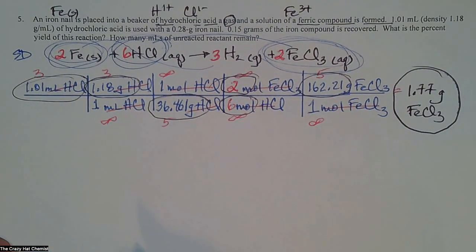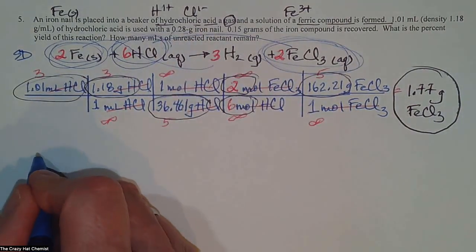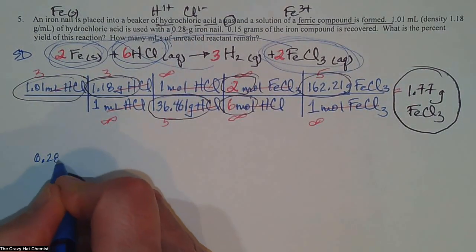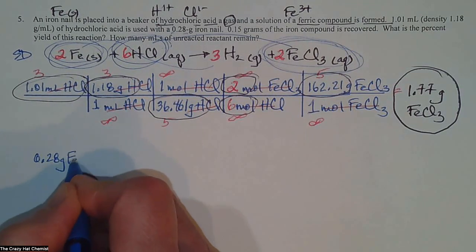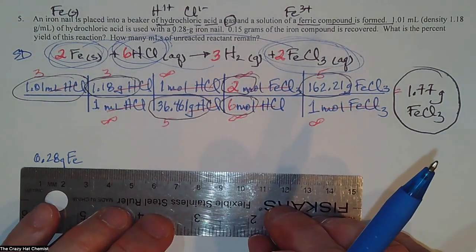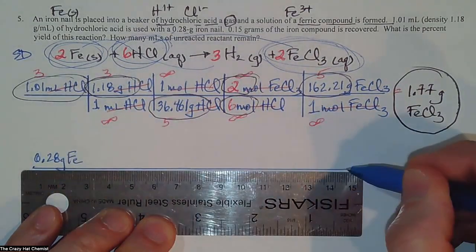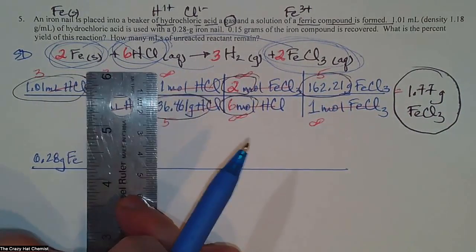Now I am going to take the 0.28 grams of iron nail. That's 0.28 grams of the solid iron nail. And I am going to do a similar thing and take this all the way to the same ending product of the ferric chloride. Okay, so let's see how we do this one here.